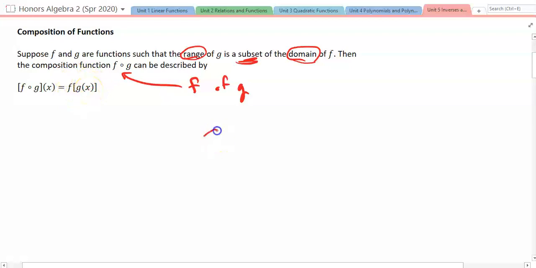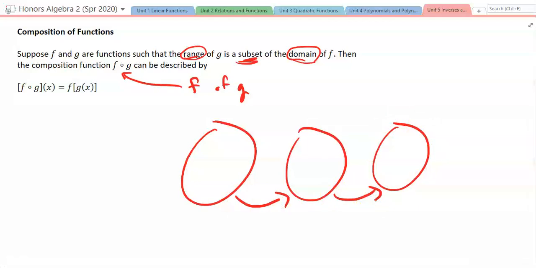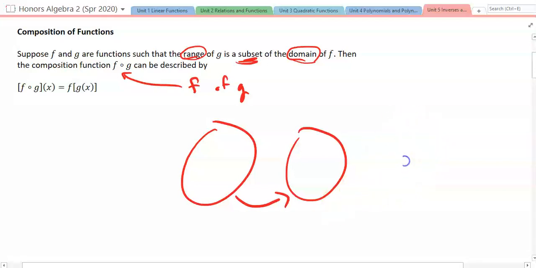Now, what does that mean? Let's draw three little bubbles here. Let's talk about how these functions are going to work, and we're going to work from bubble 1 to bubble 2, and bubble 2 to bubble 3. Now, if you were in my foundations class a few weeks ago, we talked about mapping diagrams, and so kind of reviewing this from Algebra 1, remember that if I just have the two bubbles, we could relate our x's to our y's, right?